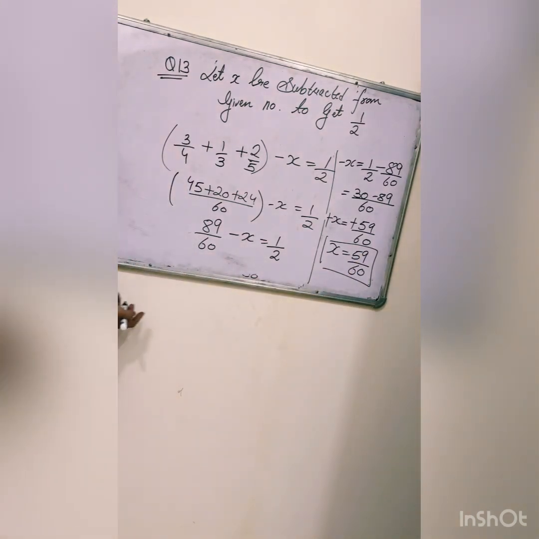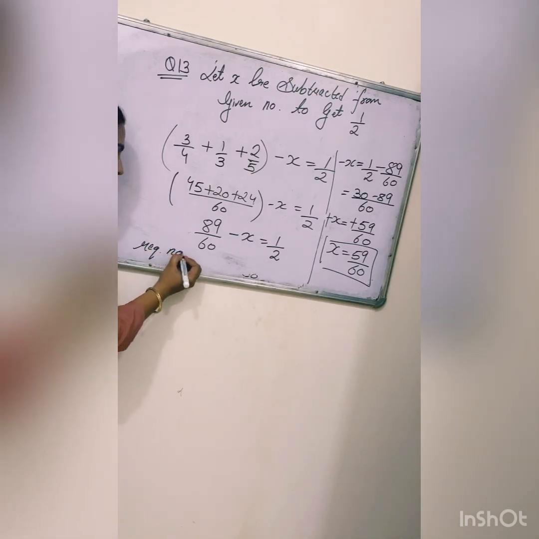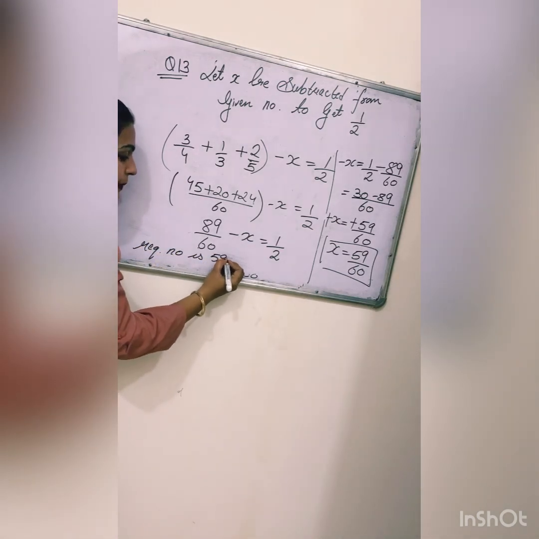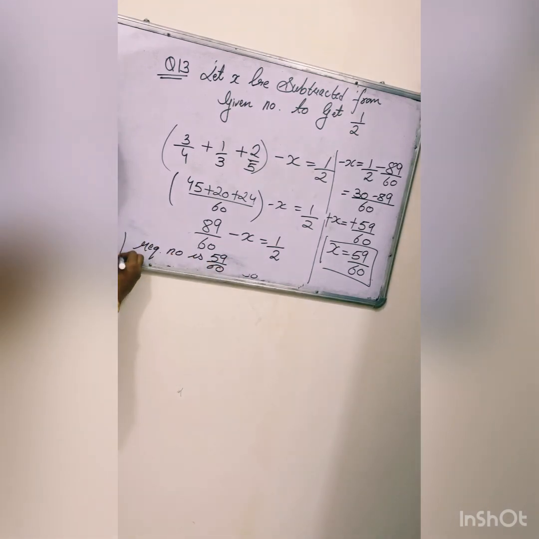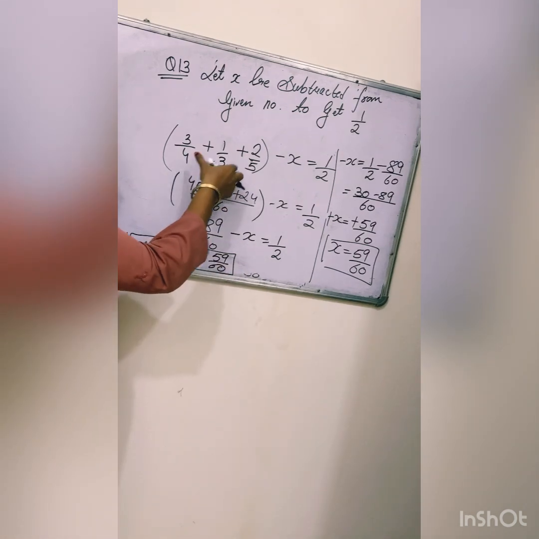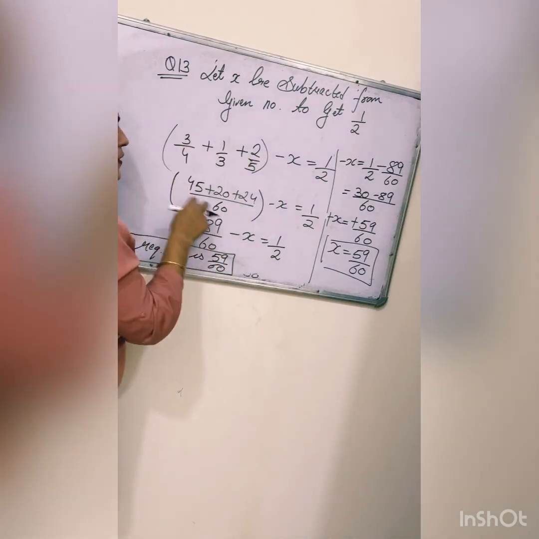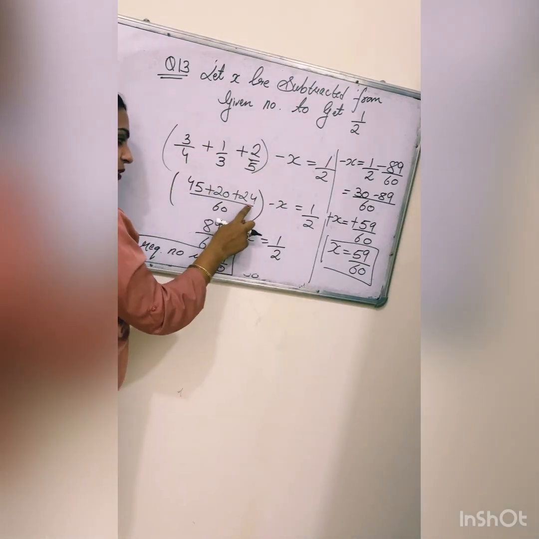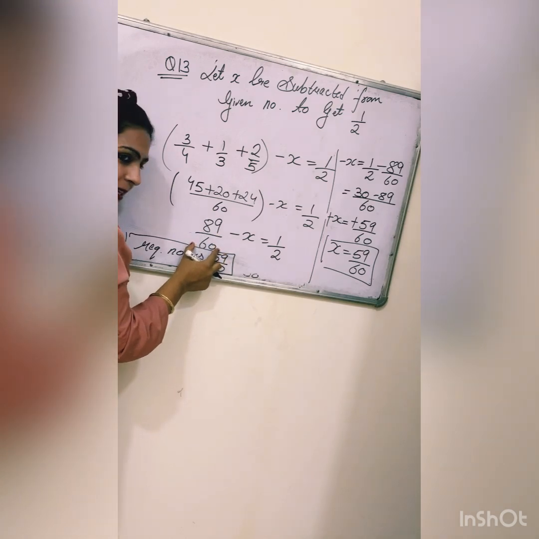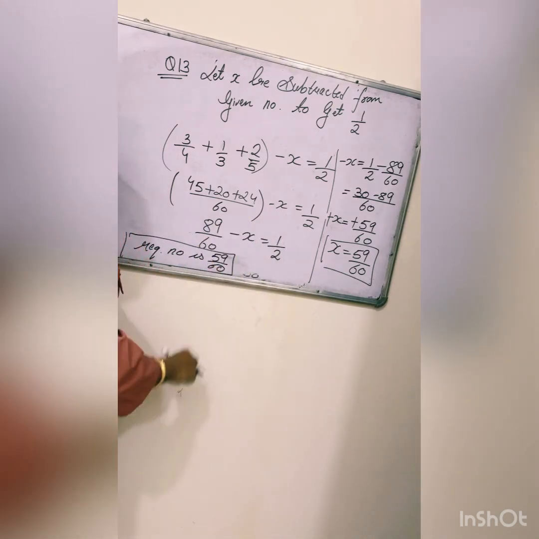At the last you'll write, the required number is 59/60. This should be written at the last. What should be subtracted? We assumed x to be subtracted, that is minus x. We solved the bracket. We took the LCM. This comes out to be 89/60 minus x is equal to 1/2.